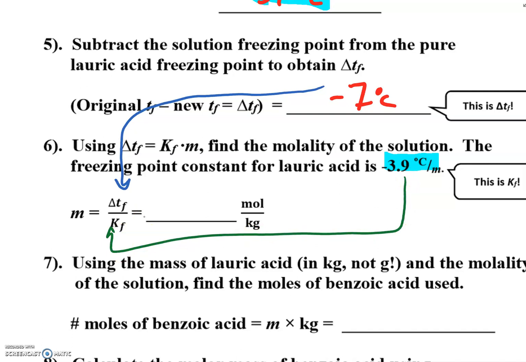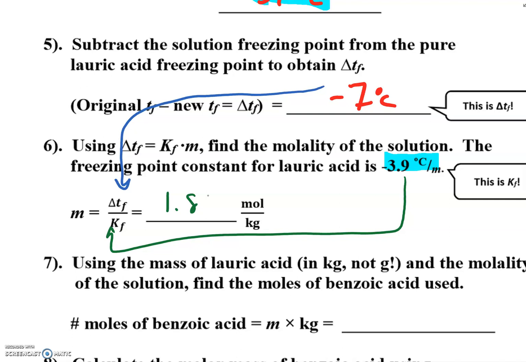And this is going to tell us our molality. All right, I got 1.8 molal. That means we have 1.8 moles of solute per kilogram of solvent.